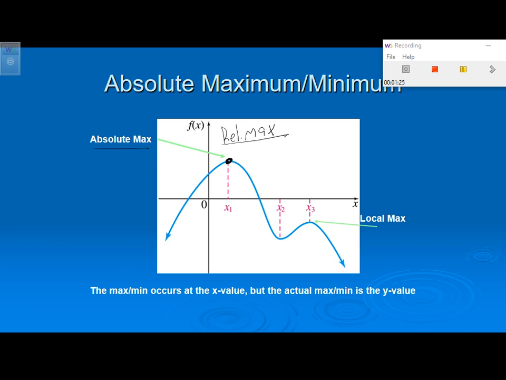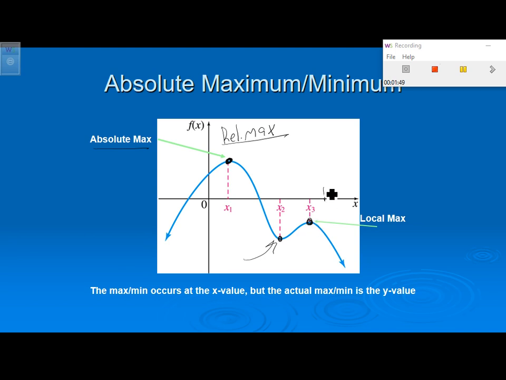Now, I want to point out here is a relative minimum. That one's not an absolute minimum because notice this graph is an open graph and it continues to decrease forever. So this is not the lowest point on the graph, but it's the lowest point in that area. Same thing here.